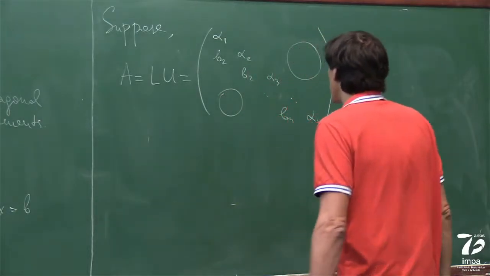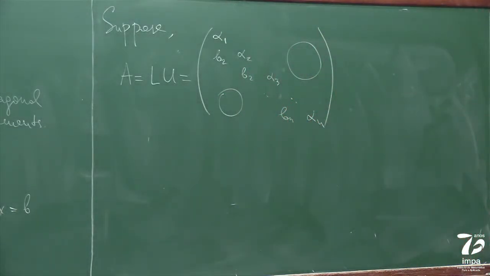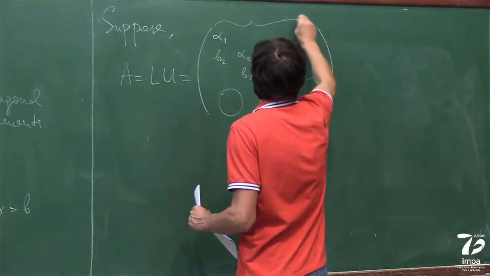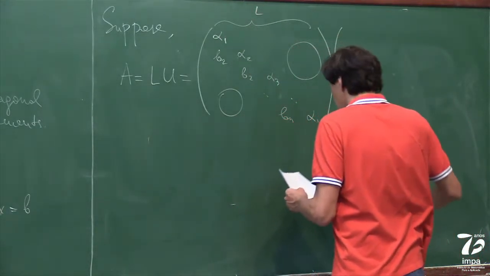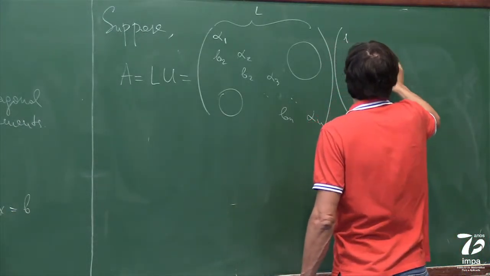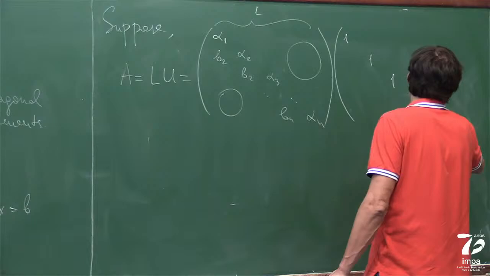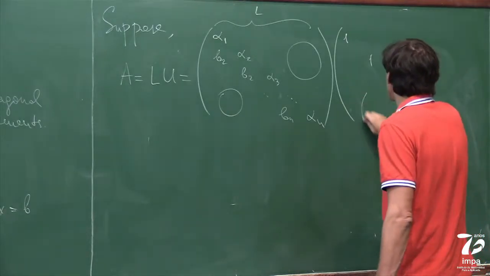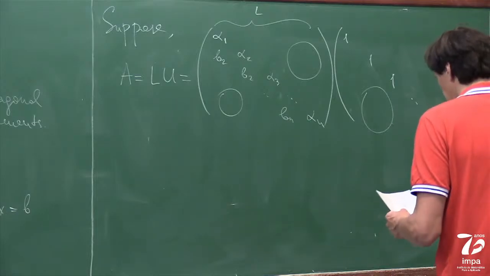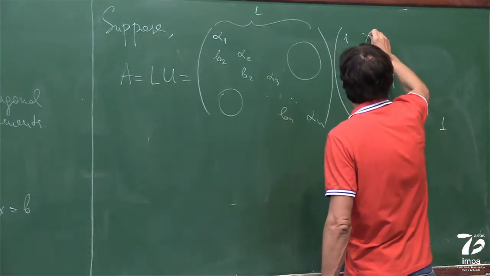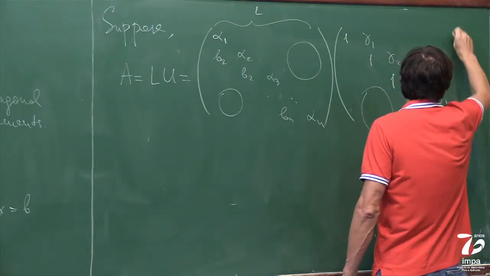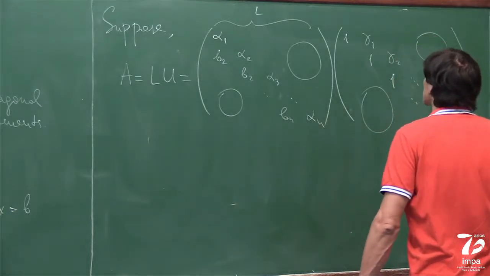And this just has 2 diagonals, nothing more, nothing else. So this is L. U should be upper triangular, so we will put unity on the diagonal. It should be 0 below because it's upper triangular. And then we will put numbers that we will find, gamma 1, gamma 2, gamma n minus 1, and 0 here. So this will be U.